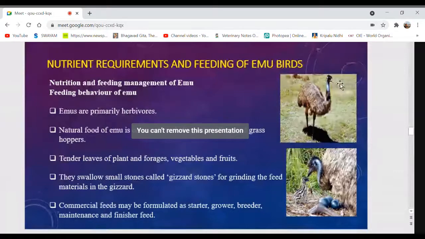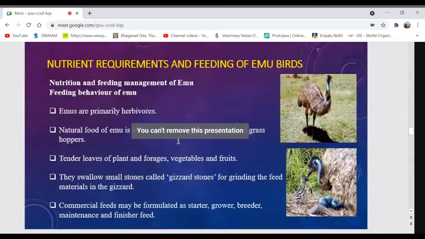And similar to duck, they are also herbivores, and they also like foraging. During that scavenging, they also consume different insects like caterpillars, grasshoppers, whatever will be available, including worms and other things.